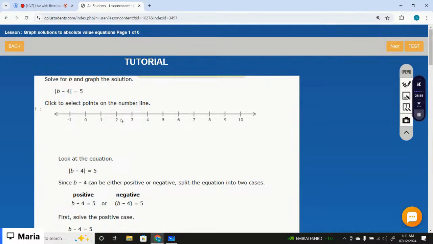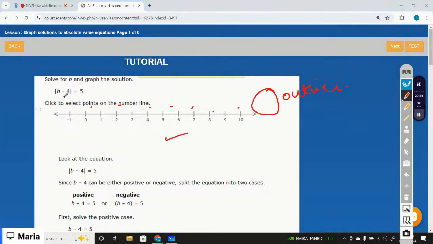So you have to solve this equation for B. Solve for B and graph the solution, that is the absolute value of B minus 4 is equal to 5, right? Absolute value means the answer must have all the values that are positive, right?